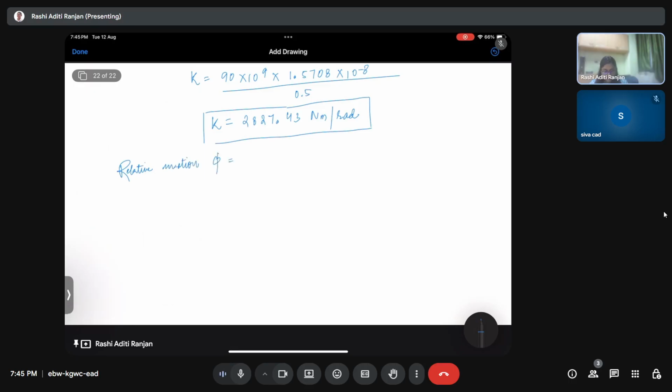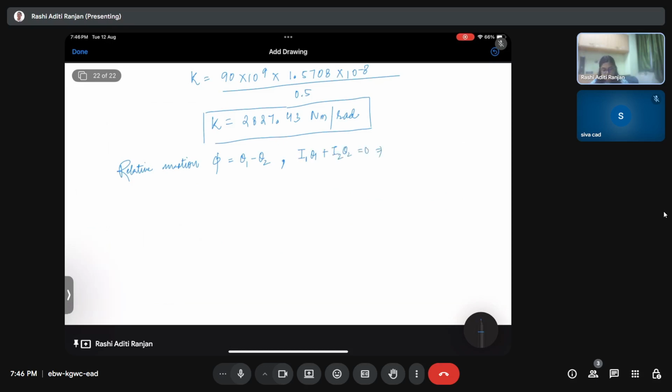phi is equal to theta 1 minus theta 2. Also, since the system should have a balanced moment, I1 theta 1 plus I2 theta 2 should be equal to 0.